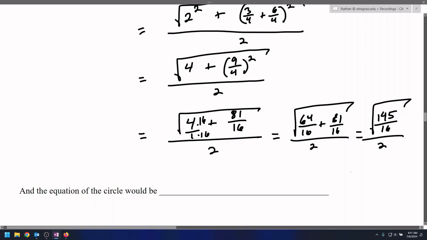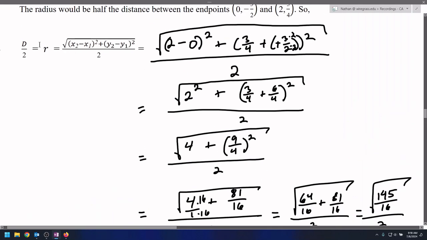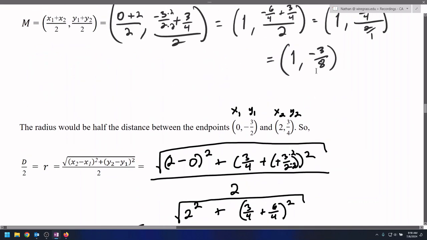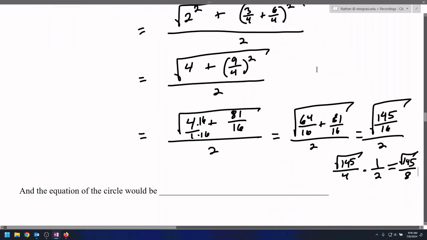So we have the square root of 145 over 4, and this whole thing is being divided by 2. That's the same thing as multiplying by the reciprocal, so it's going to give me the square root of 145 over 8. And this is, once again, the radius. So we have the radius, and we have the center: (1, -3/8).